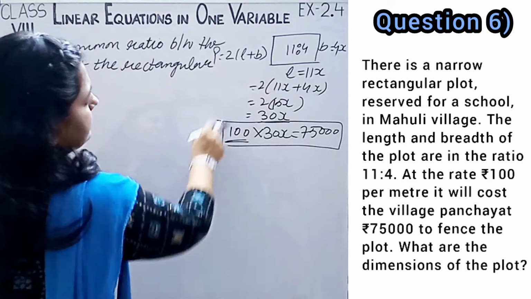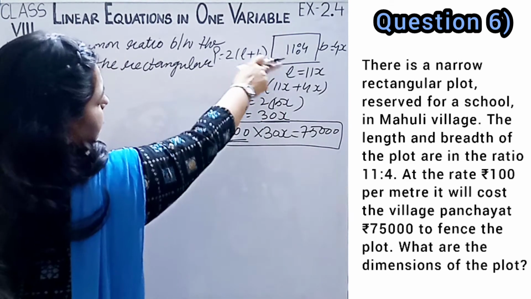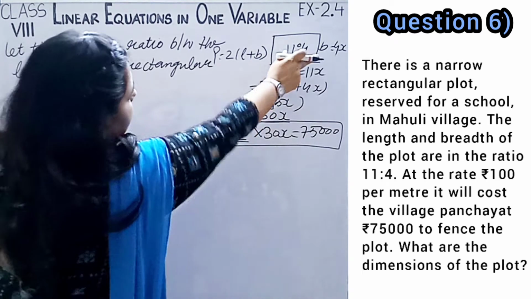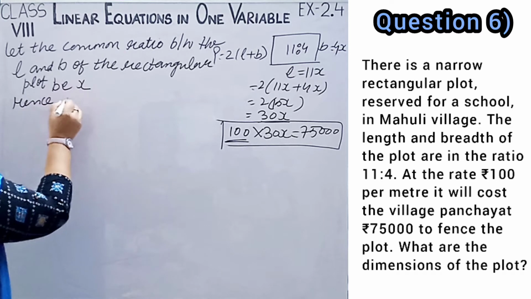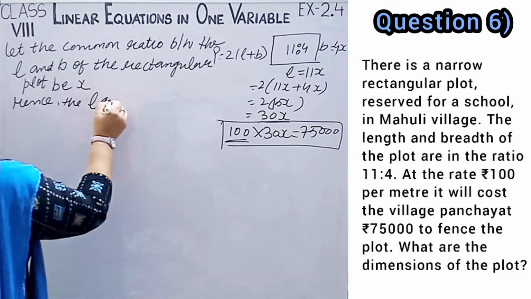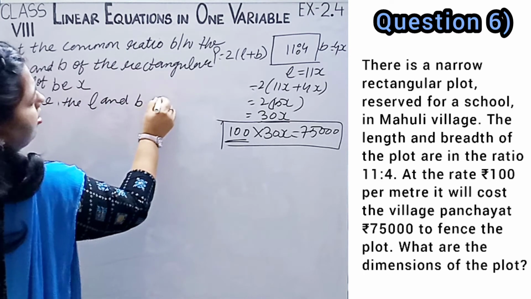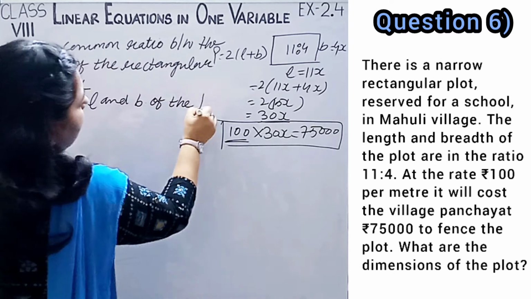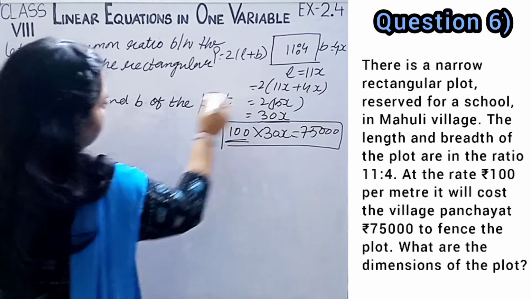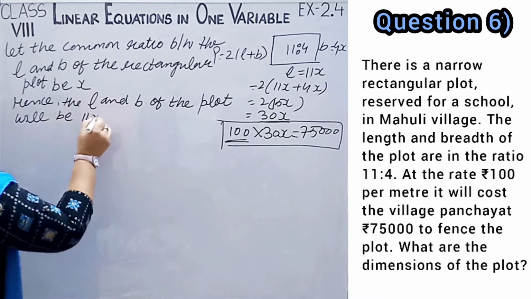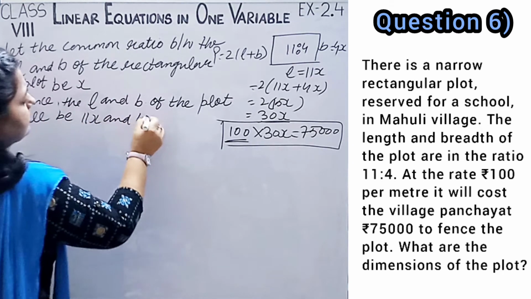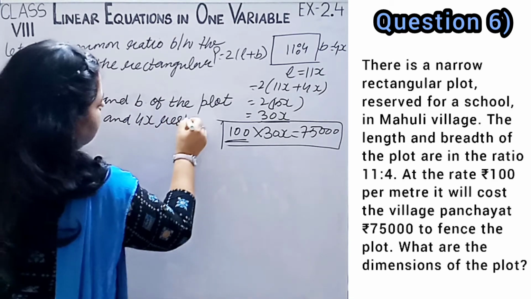Now we can see that L and B of the rectangular plot will be 11x and 4x respectively. So hence the L and B of the plot will be 11x and 4x respectively.